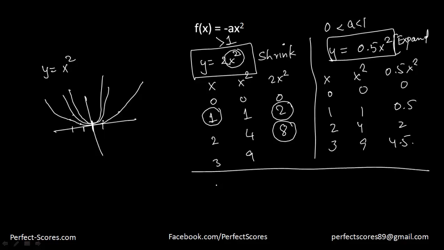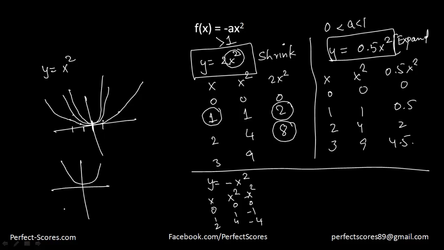Similarly, if I say y is equal to negative x², then for the same value of x, negative x² is going to turn out to be a negative number. If the graph looks like this, the graph is going to flip like this.